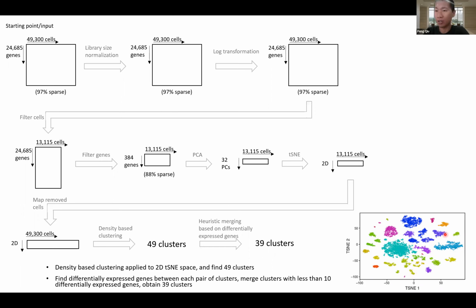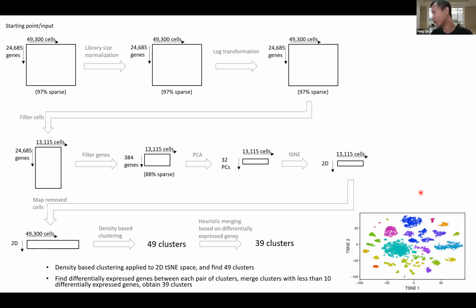Here the density-based method works well because the data that goes into density-based clustering is already 2-dimensional. As we discussed yesterday, density-based clustering usually will work well when the input data is in low-dimensional space. Once they performed density-based clustering, they saw 49 clusters here.